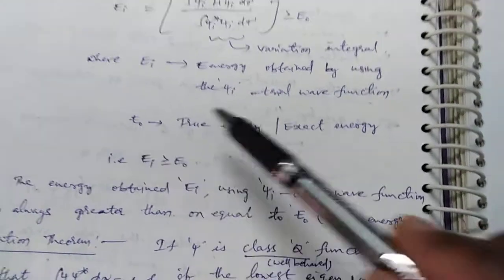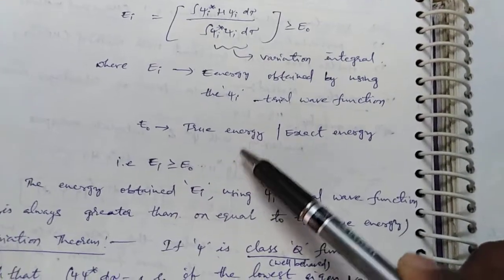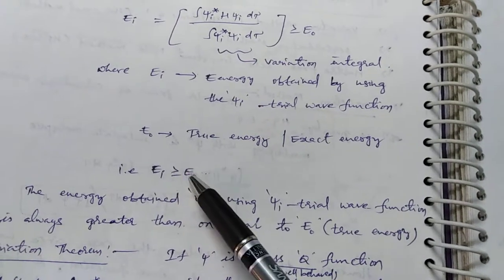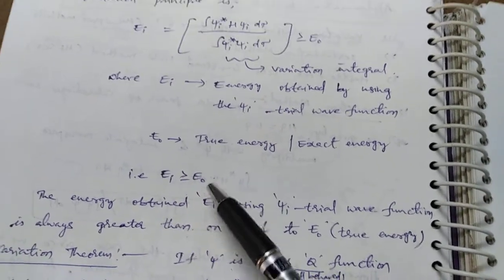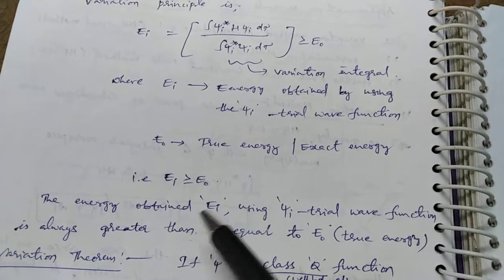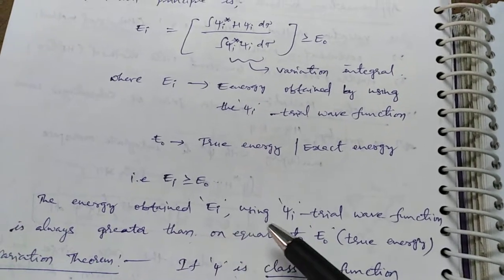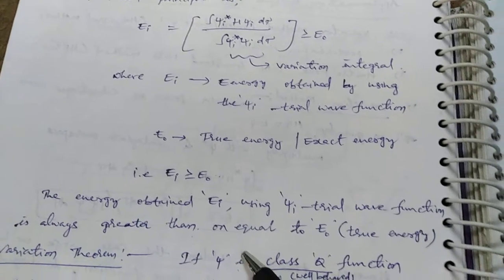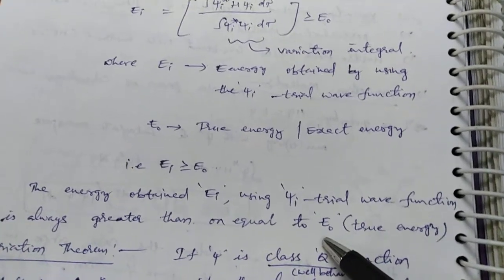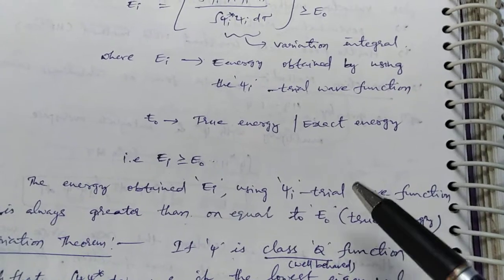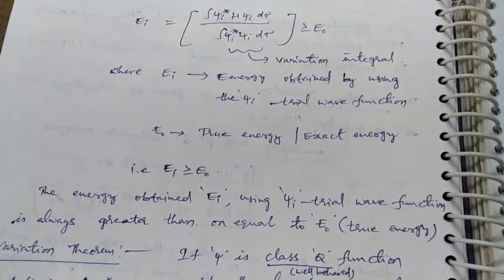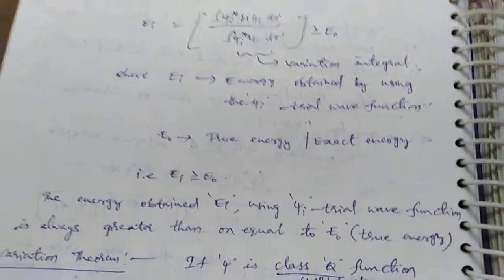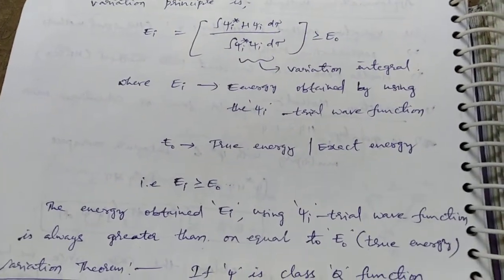E naught is the exact energy or true energy. Simply we can write this formula as Ei is greater than or equal to E naught. In words, the energy Ei obtained using the trial wave function psi i is always greater than or equal to E naught, the true or exact energy, and this is called the variation principle. This principle is very important for short answer questions.